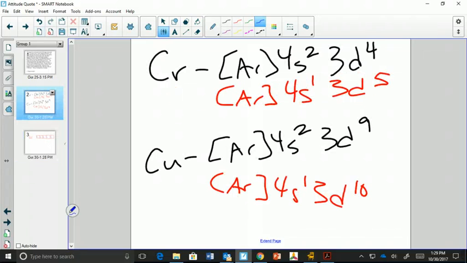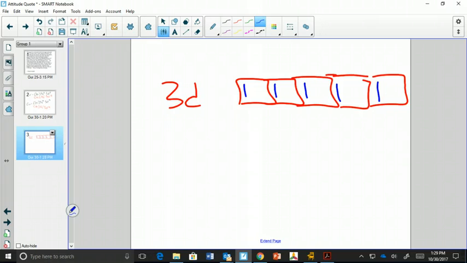So what happens here is, because this 3d level only has 4 electrons with chromium, it actually is more stable. It takes less energy to take one of these from 4s and put it into 3d, so that way every room has 1 electron in it. Does that make sense? It takes less energy and is more stable.